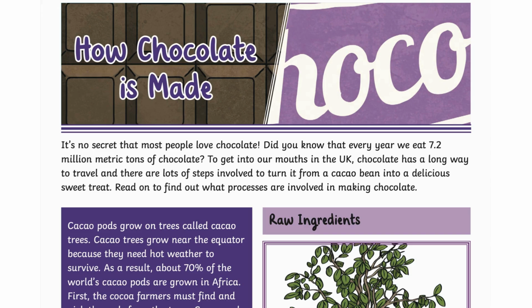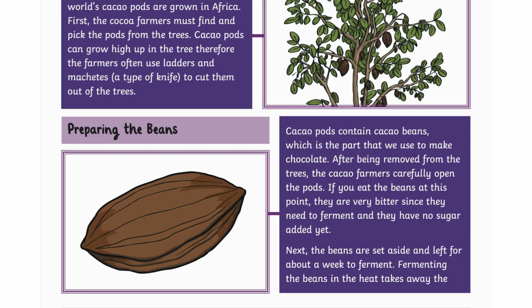First, the cocoa farmers must find and pick the pods from the trees. Cacao pods can grow high up in the tree, therefore, the farmers often use ladders and machetes, a type of knife, to cut them out of the trees.